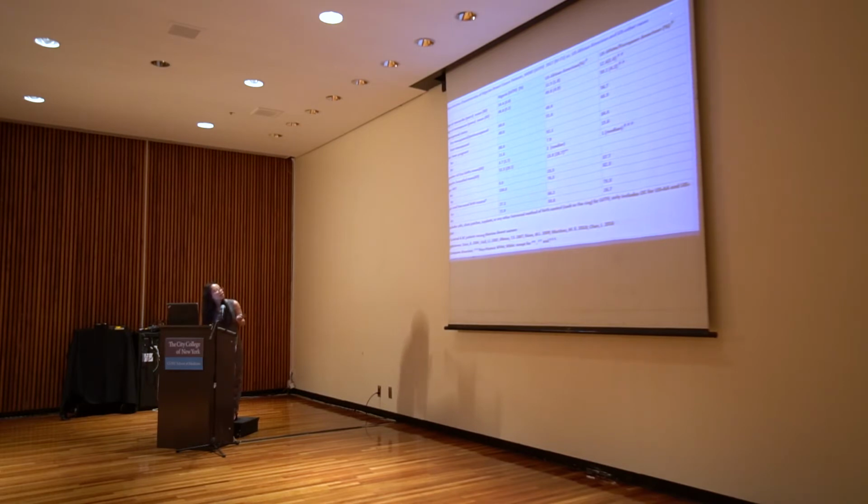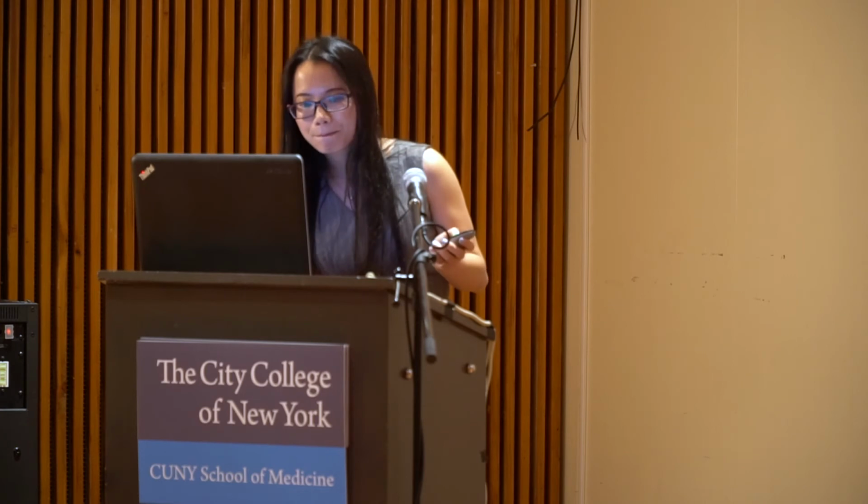For live birth, our mean number is 3.7, which is higher compared to the median of African American, which is 2, and higher than Hispanic African American, whose median is 1.